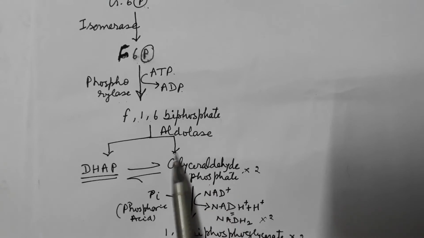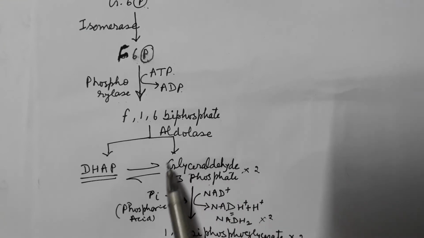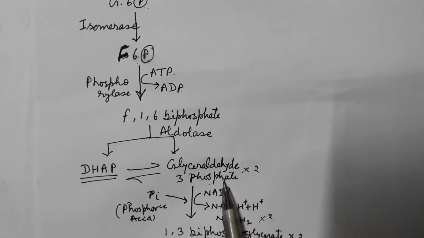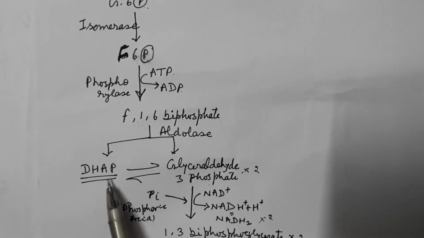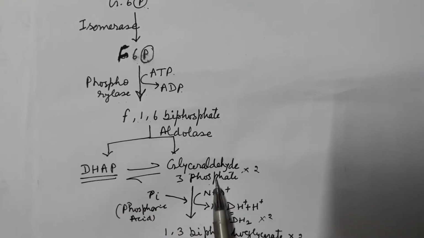So from here, all the steps we multiply by 2. So here 2 molecules of glyceraldehyde 3-phosphate are produced, because dihydroxyacetone phosphate is converted into glyceraldehyde 3-phosphate.